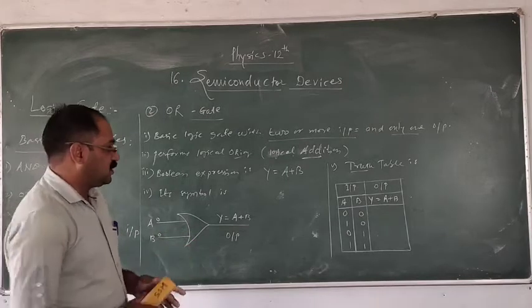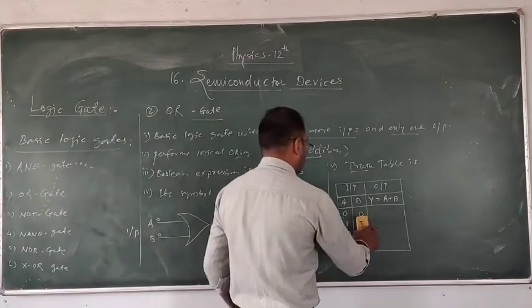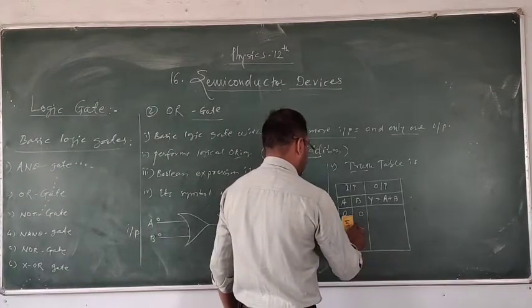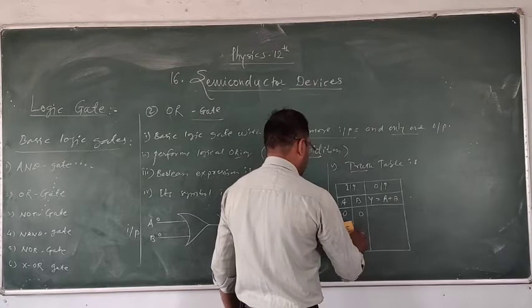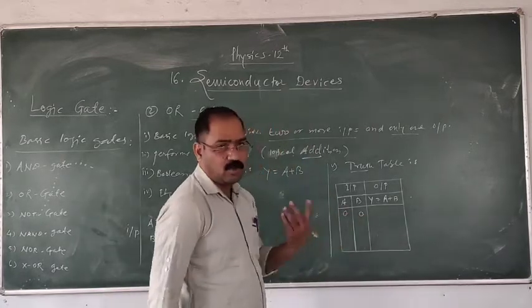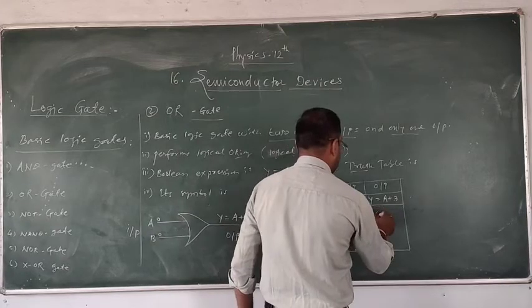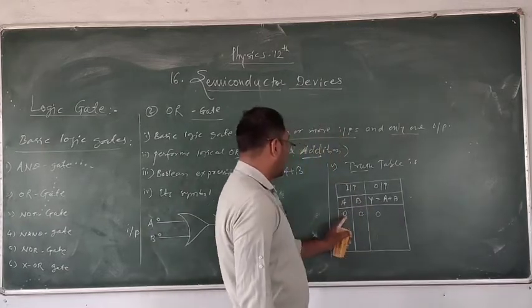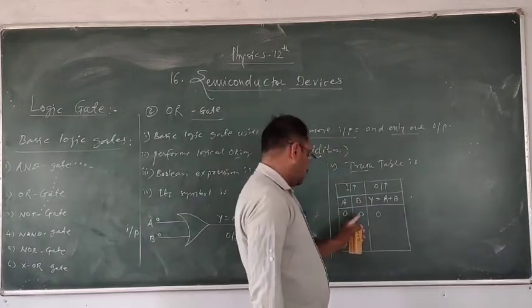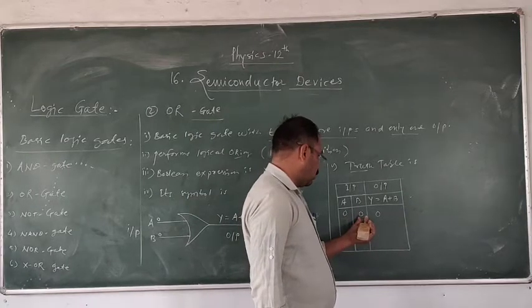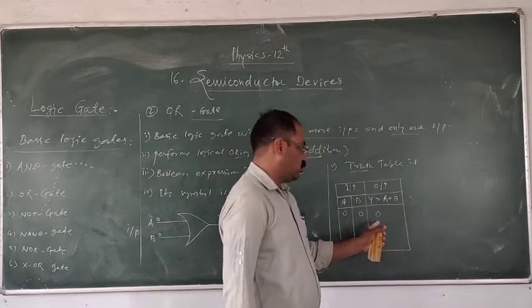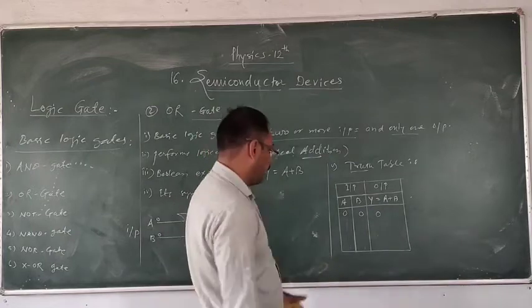A is 0, B is 0. So logical addition here, 0 plus 0 is 0. Means when A is at logic level 0 and B is again at logic level 0, you will get the output as 0, a low voltage level.